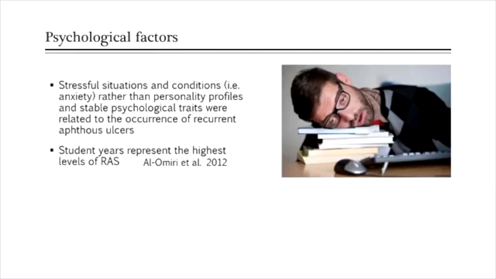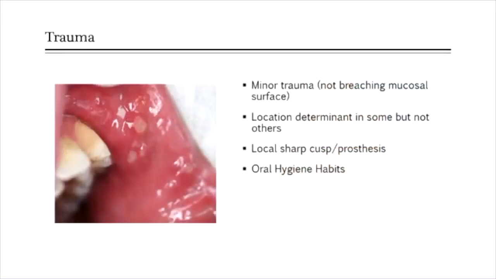Okay, so it's really typical that people undergoing a lot of stress and pressure will have a flare of their recurrent aphthous ulceration or stomatitis, and so student years represent the highest level of RAS outbreaks. We think that trauma, like parafunction, can provide a source of trauma that might predispose to the formation of aphthae if you are someone who gets aphthae.